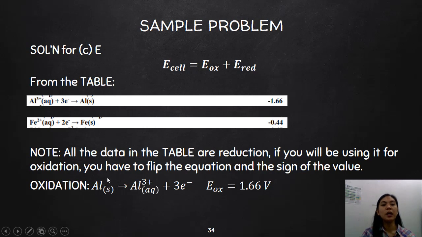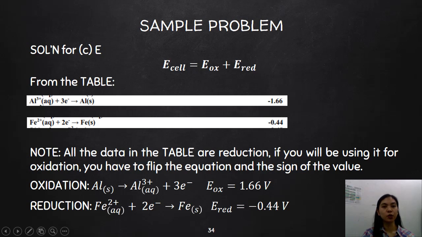So, ito na po yung aluminum, which is in the solid form, yielding your aluminum ion having a charge of 3 plus, 3 electrons. And since you flip the equation, since it is an oxidation reaction, you also have to flip the sign of the potential. So kung negative 1.66 yan, dapat magiging positive 1.66 volts na siya.